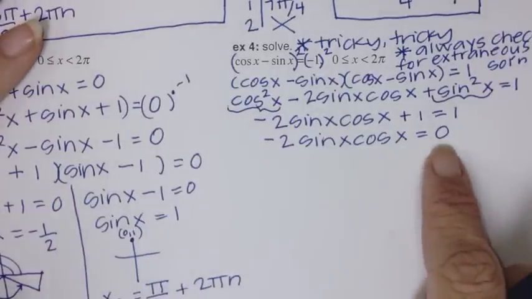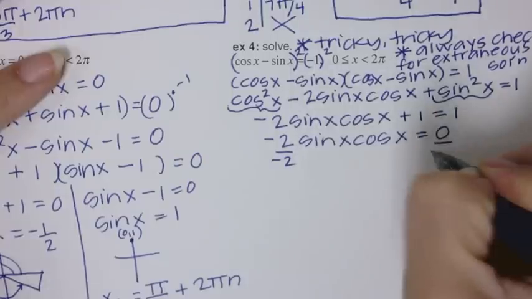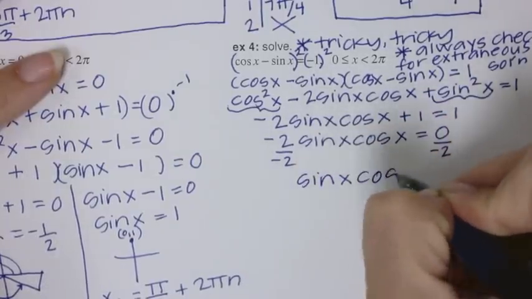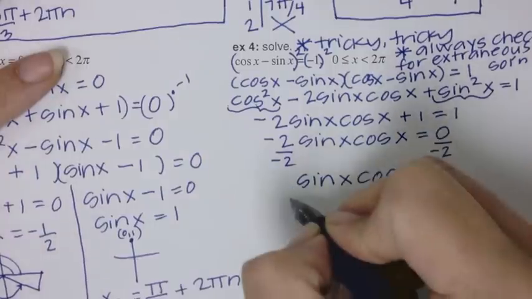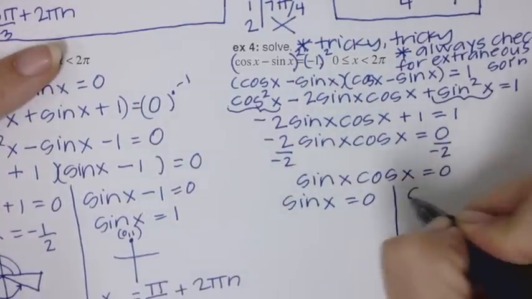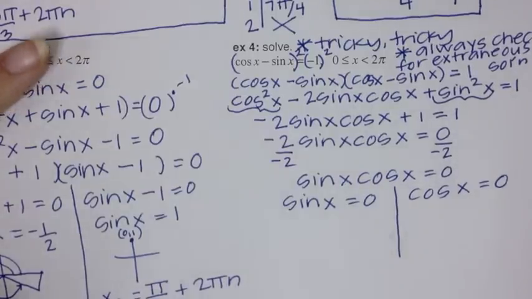So since it's equal to 0, I can divide out this -2, and I can use the zero product property again. So sine x equals 0, cosine x equals 0. And this is only because it so happens that the right side equals 0.